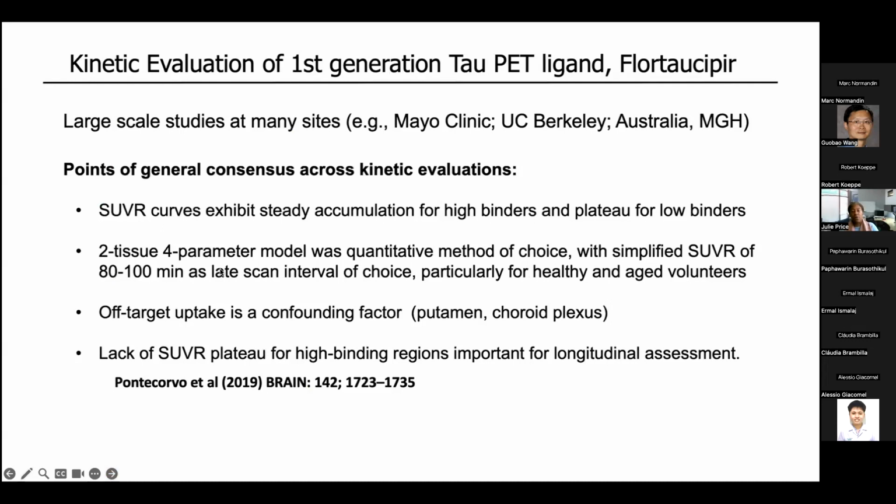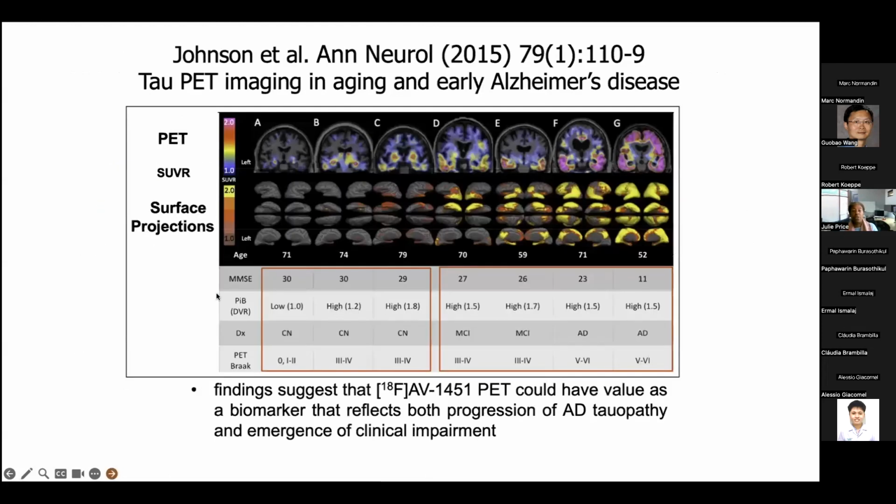So the fluorotaucipir imaging really indicated that the 80 to 100 minute interval was a good choice for late scans across control and AD subjects, but there was still concern about off-target binding and the lack of SUVR plateau in high binding regions.